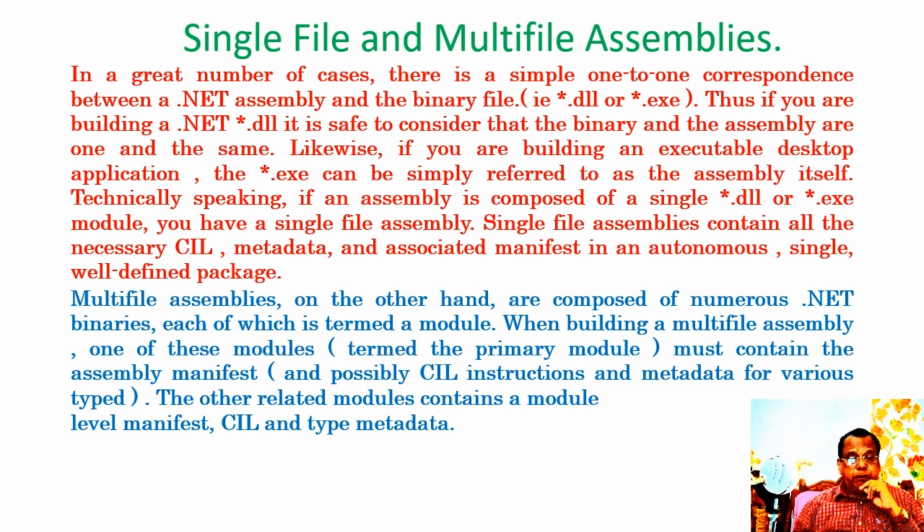Thus, if you are building a .NET *.dll, it is safe to consider that the binary and the assembly are one and the same. Likewise, if you are building an executable desktop application, the *.exe can be simply referred to as the assembly itself.